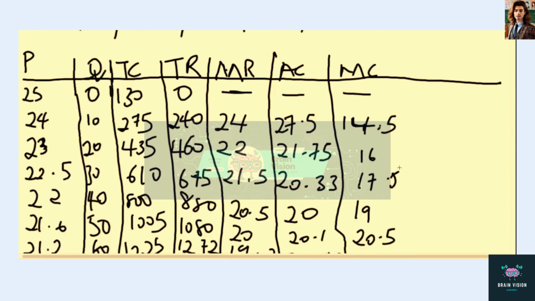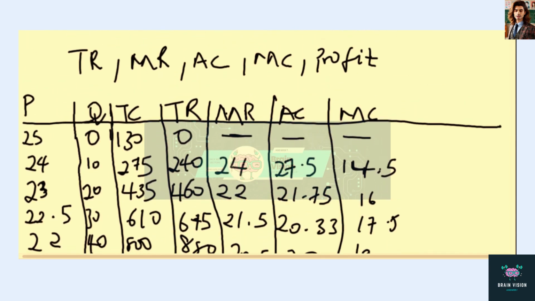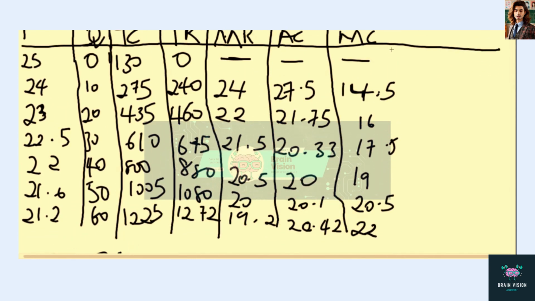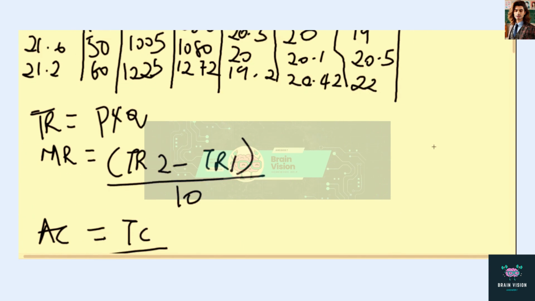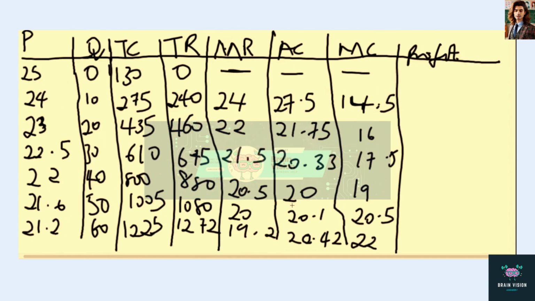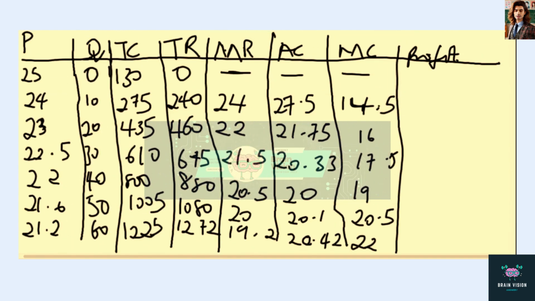The next thing the question wants us to find is the profit. The formula for profit is total revenue minus total cost, because profit is what you earned minus what you spend.